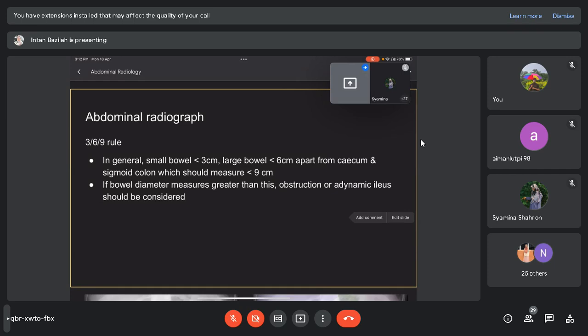The small bowel just appears prominent because there is mechanical obstruction. But paralytic ileus usually occurs because of sepsis, sometimes because of peritonitis, so the condition appears more generalized.